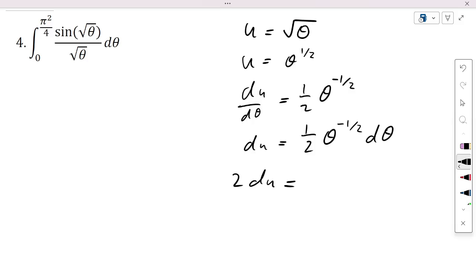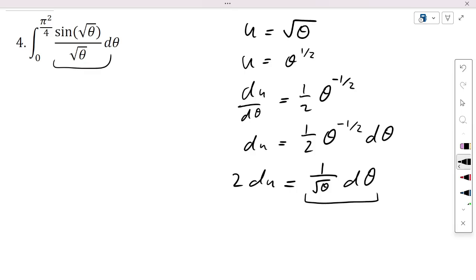And then we are going to have this theta raised to the power of negative a half, which can also be written as 1 over root theta, with respect to d theta. So what are we going to do with this integrand so that we can make these the same thing?